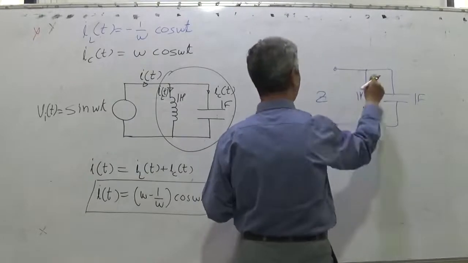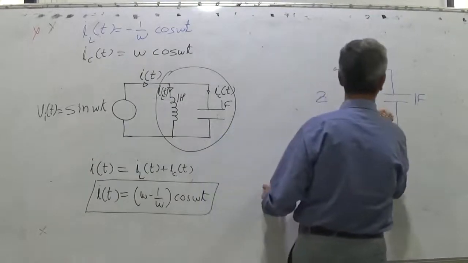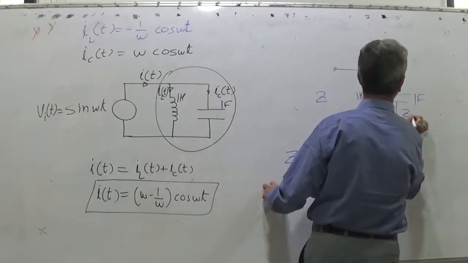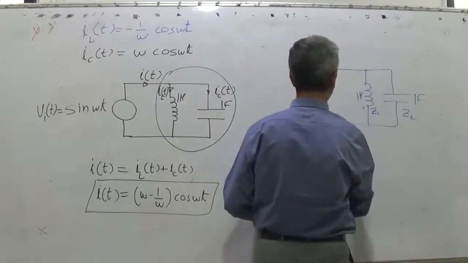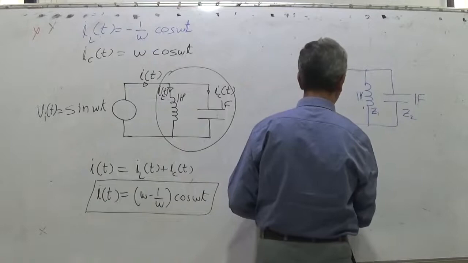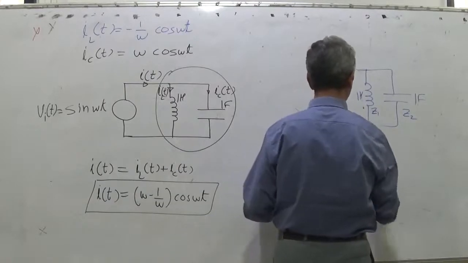Z of L and C in parallel: I can call this Z1 and this Z2. So it is Z1 Z2 upon Z1 plus Z2. What is Z1?